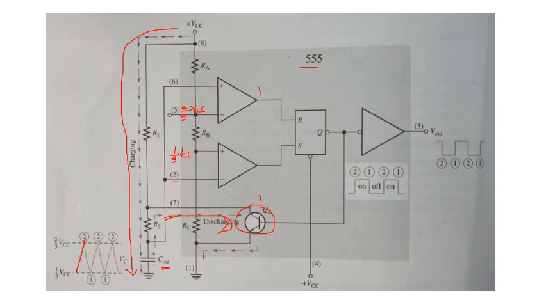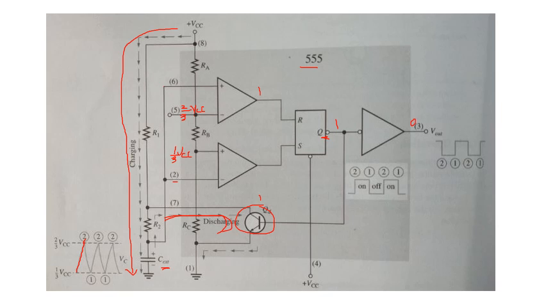This will be 1. So reset is 1, which means Q is 0 and Q bar is 1. You can see a bubble over here, so Q bar is 1 and output is 0.